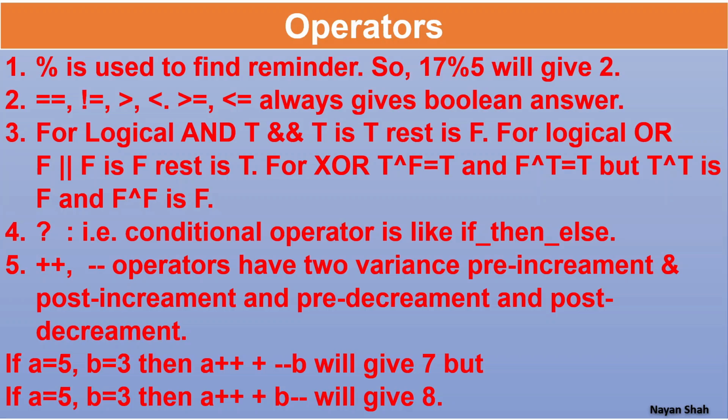Exclusive OR is a bit different. Exclusive OR says that when both the conditions give opposite answers, it is true, and when both the conditions give the same answer, it is false. So true exclusive OR false is true, and false exclusive OR true is true. But true exclusive OR true is false, and false exclusive OR false is false.